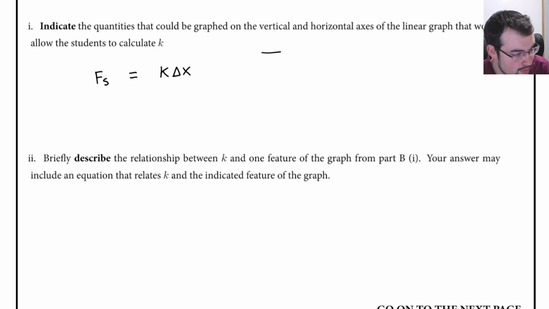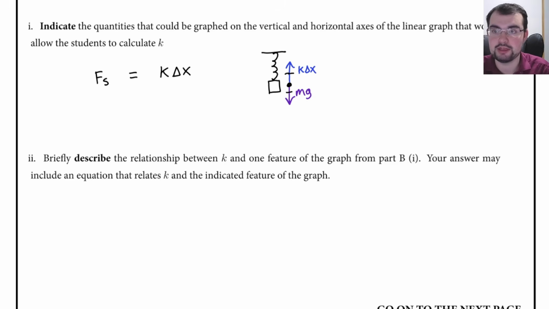And it's pretty straightforward, right? Because we're just hanging a mass from a spring. So we know that there's going to be a gravitational force mg down, and a spring force k delta x up.